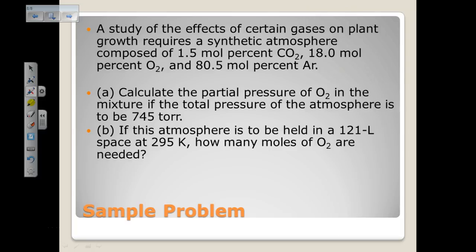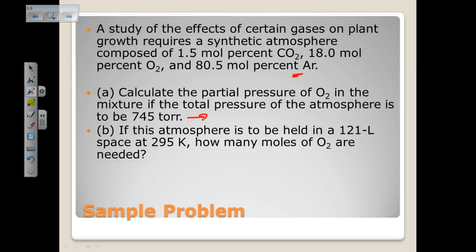So it's mainly a lot of argon. That's crazy, okay? And it says calculate the partial pressure of O2 in the mixture if the total pressure of the atmosphere is 745 torr.